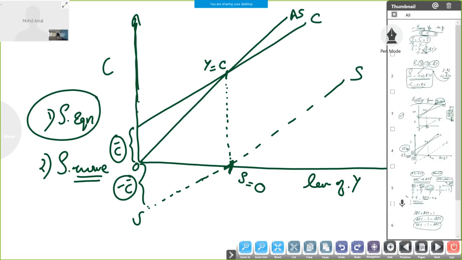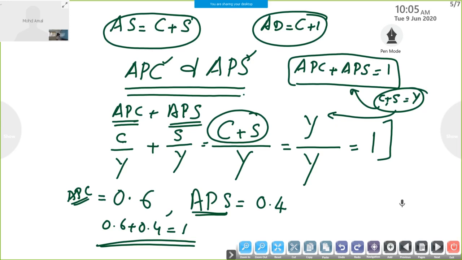Then the relationship between APC and APS. What is the relationship? The sum of APC and APS should always equal 1. We can prove this one.